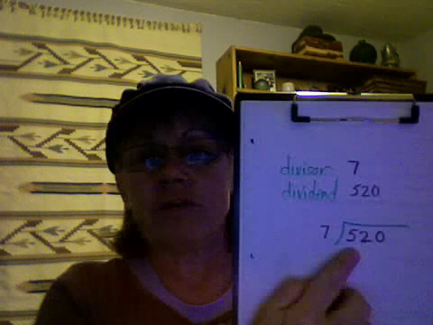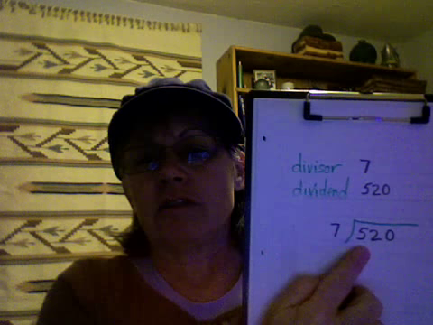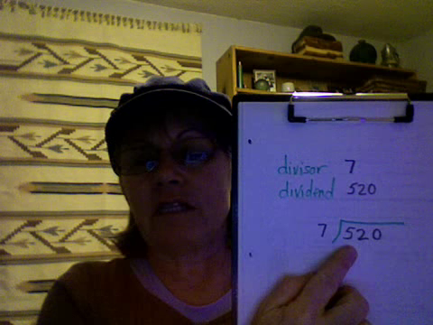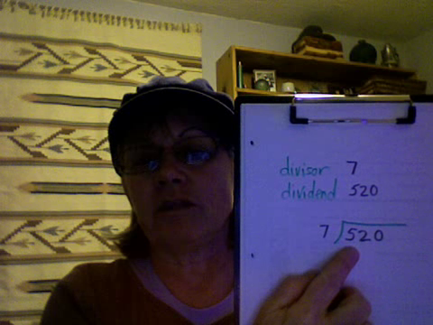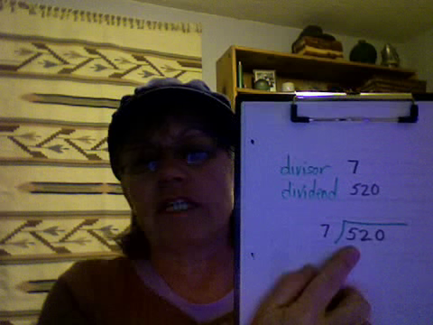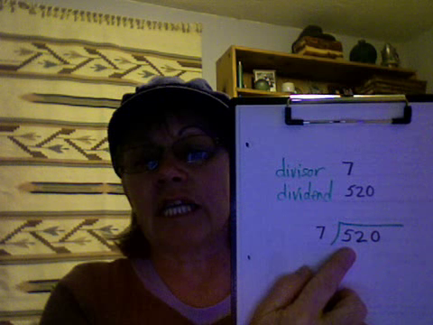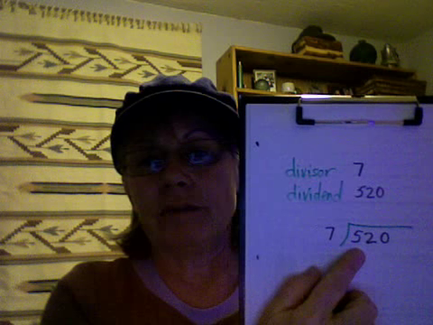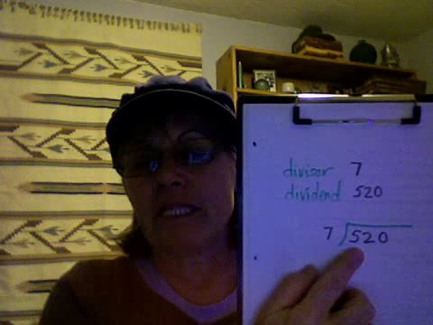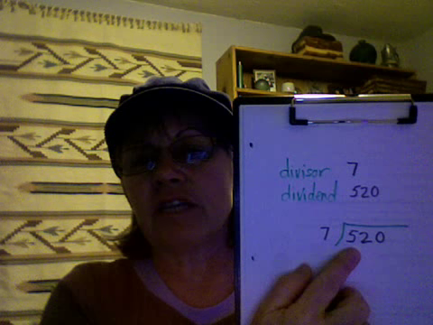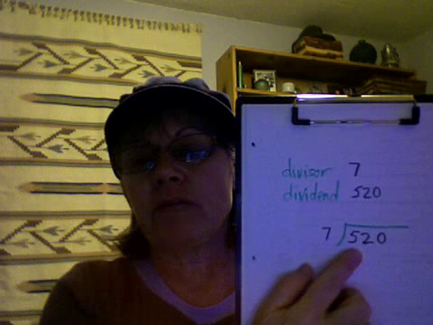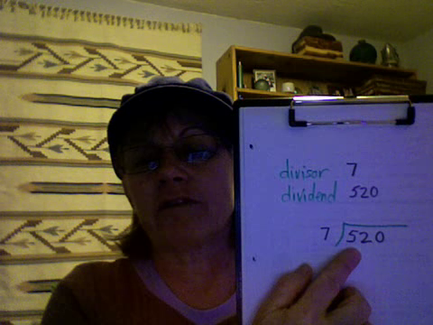You'll need to work with your multiplication facts to get the closest one that doesn't go over 52. I know that 7 times 6 is 42, but maybe 7 times 7 or 7 times 8 would be the correct number to start with.